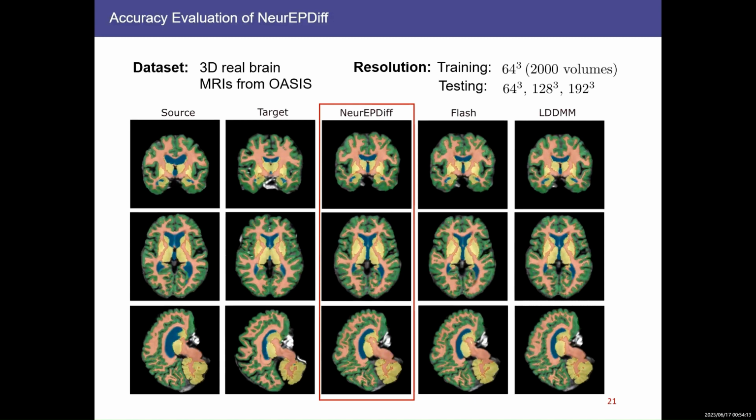This slide displays an example of the comparison between the manually labeled segmentations and the propagated segmentations on 3D brain MRIs at the resolution of 192 cube generated by all methods. It clearly shows that our method generates very similar segmentations to both Flash and LDDMM, aligning fairly well with the manual delineations.